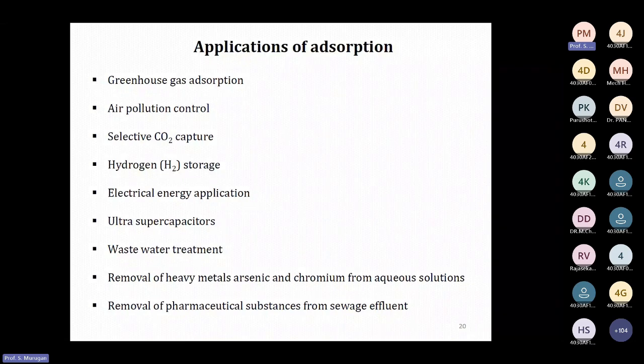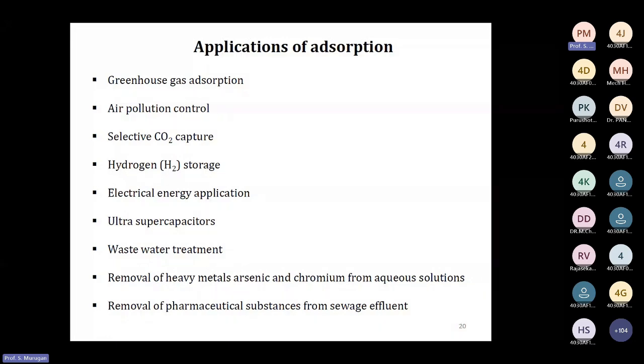You can use it for wastewater treatment. Some people who are working in environmental engineering use activated carbon for wastewater treatment. You can also use it to remove heavy metals like arsenic, chromium, and so on. You can also use it to remove pharmaceutical substances from sewage effluent.